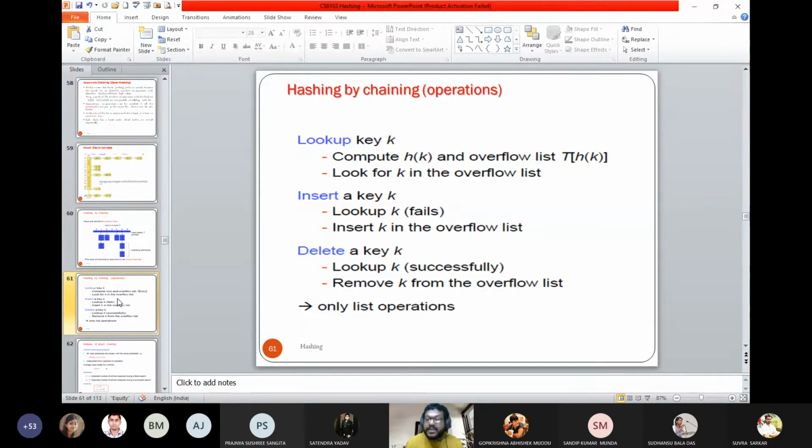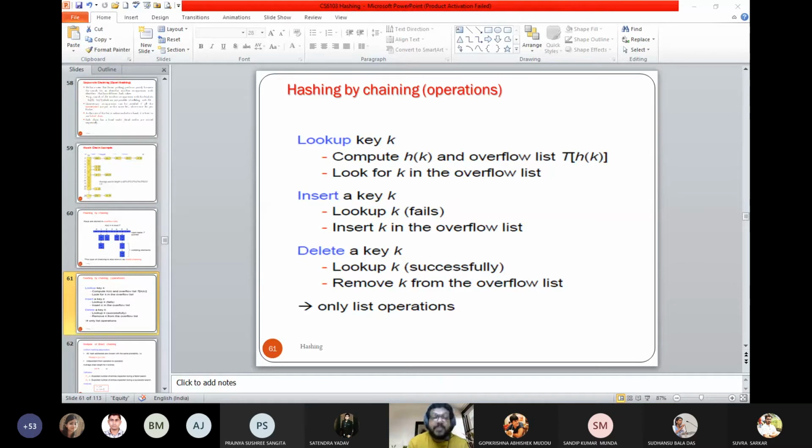Logically, if we look into the disk space, I don't know how much information you have about that. When we go for indexing, there is a primary area in the disk, and there is an overflow area in that disk.